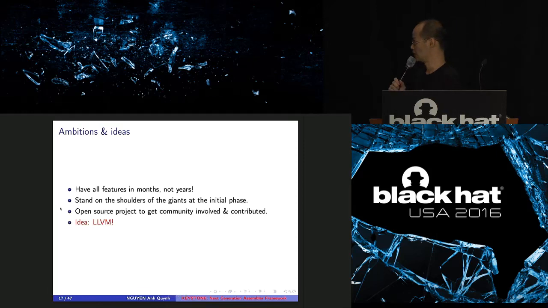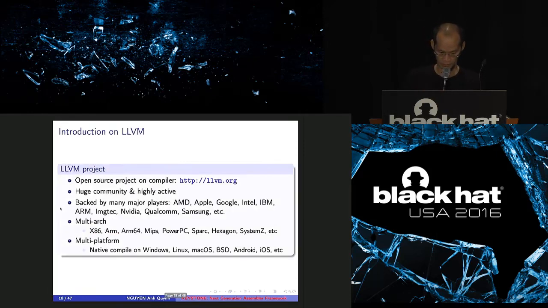So the idea is to fork LLVM. Keystone is based on LLVM. LLVM is an open source project for compilers, so you can build your own compiler on top of LLVM very quickly. And LLVM has a very huge, very active community, and is supported by all the CPU vendors. It runs everywhere on all kinds of OS.